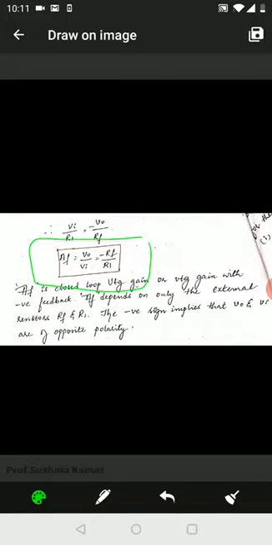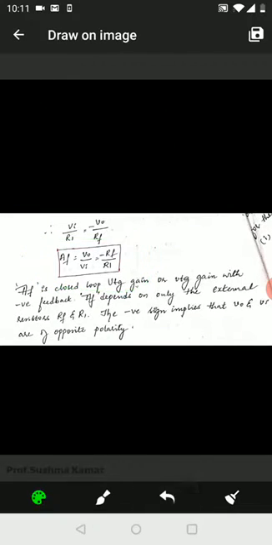That negative sign implies that V0 and Vi are of opposite polarity, which means if the input is like this, if this is Vi, then V0 will be of opposite polarity. This happens to be V0 now. This is about the inverting amplifier.